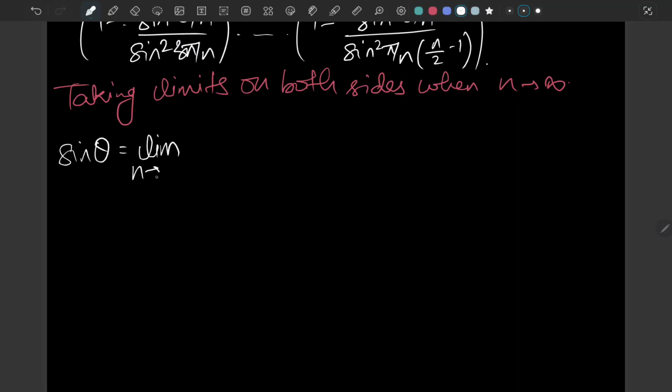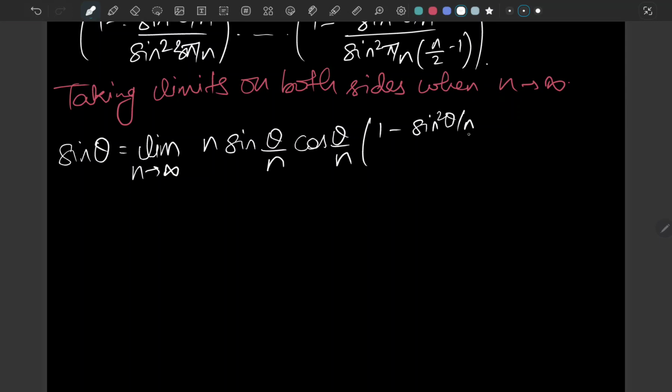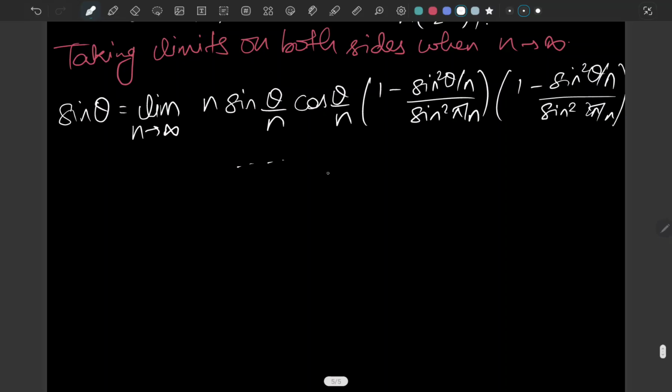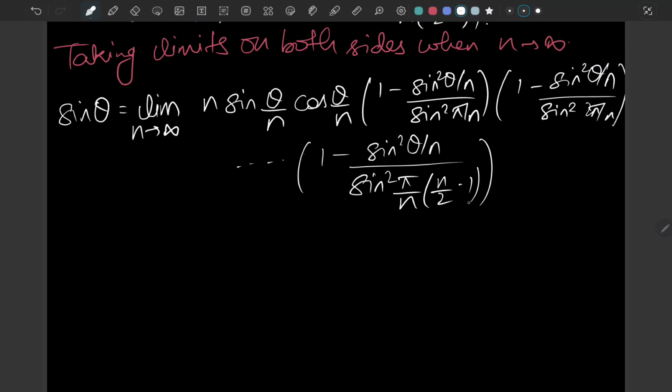The limit as n tends to infinity of n times sine of theta over n times cosine of theta over n times 1 minus sine squared theta over n over sine squared pi over n, times 1 minus sine squared theta over n over sine squared 2 pi over n, and then this is just going up to 1 minus sine squared theta over n over sine squared pi over n times n over 2 minus 1.